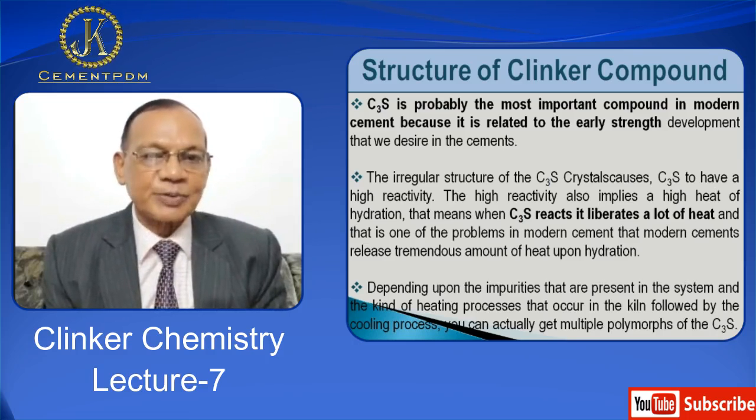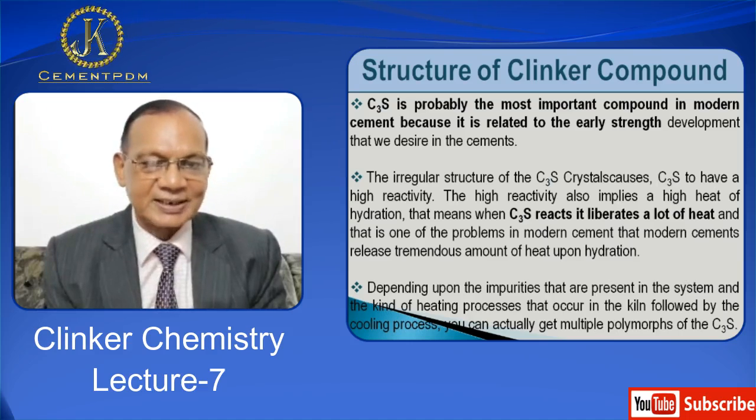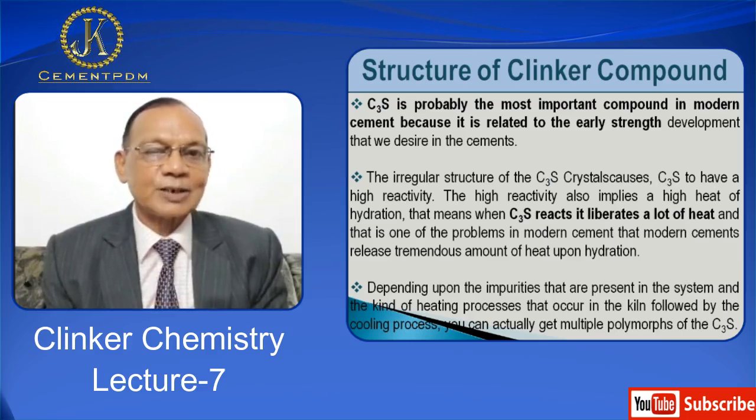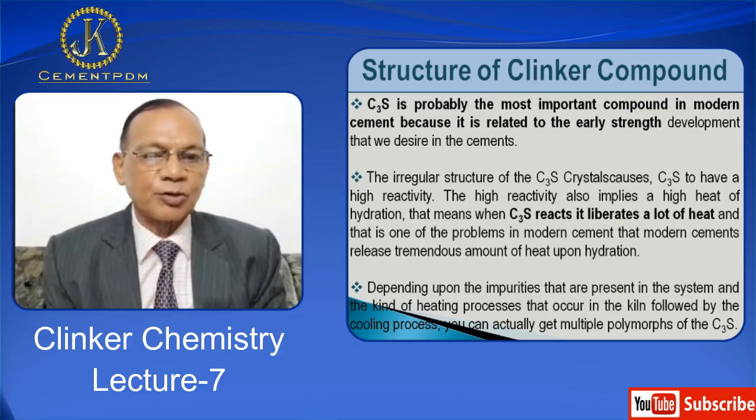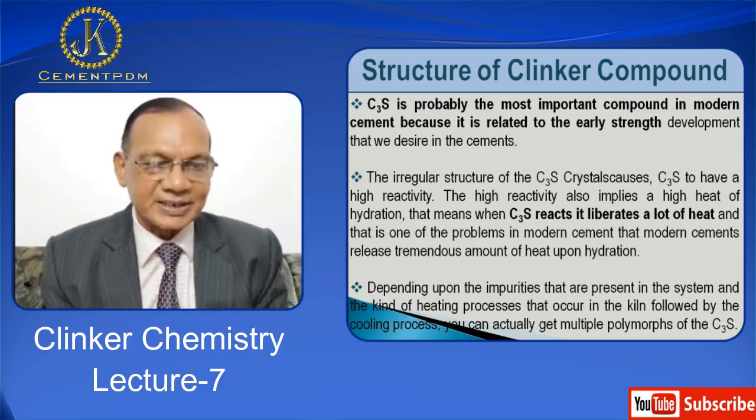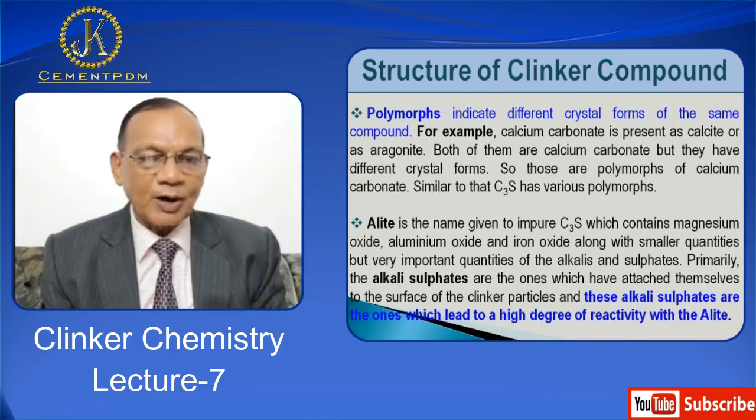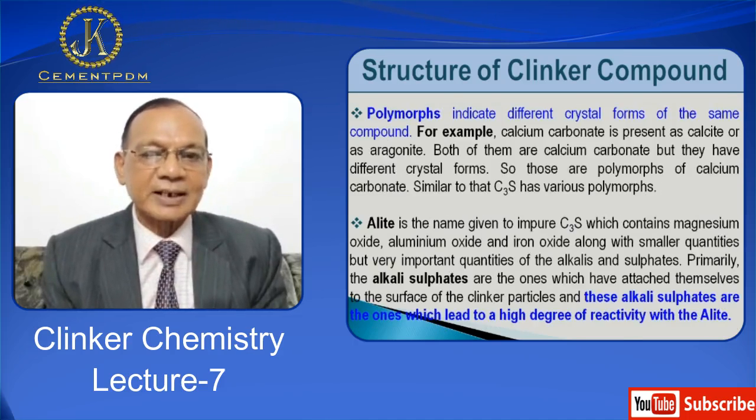Depending upon the impurities that are present in the system and the kind of heating processes that occur in the kiln, followed by the cooling process, you can actually get multiple polymorphs of the C3S. Polymorphs indicate different crystal forms of the same compound.